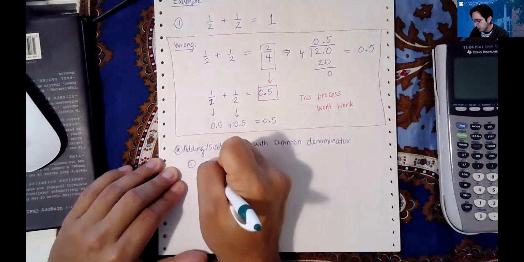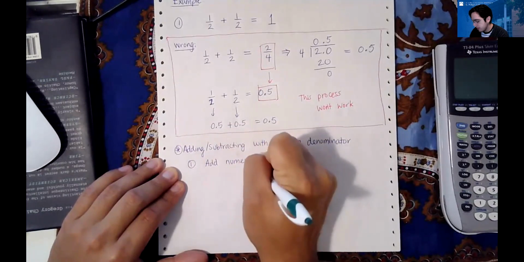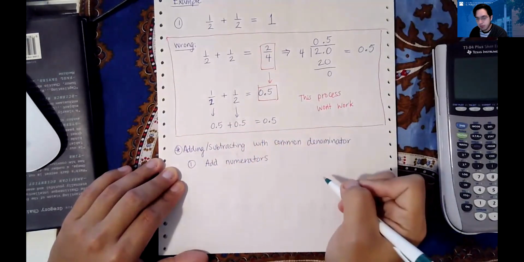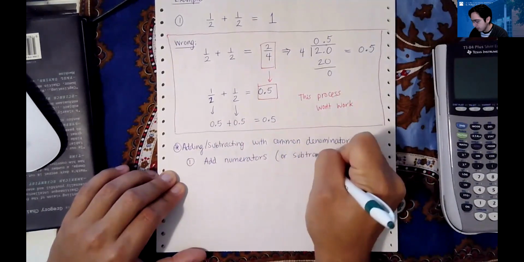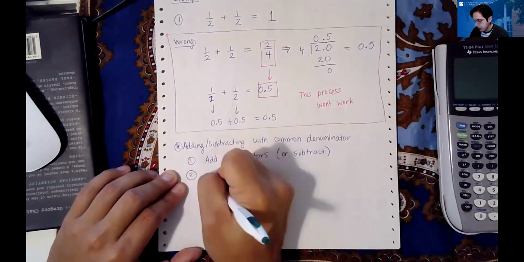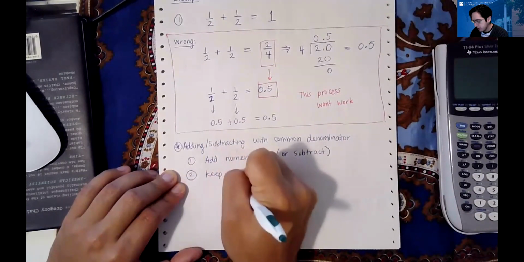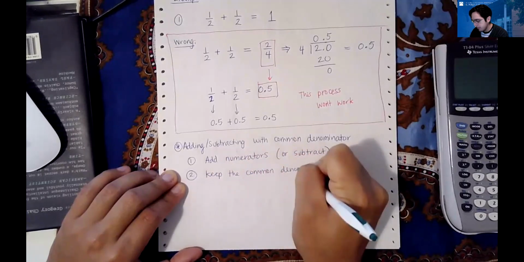You are going to add the numerators, or subtract them if it's a subtraction problem. And you want to keep the common denominator.